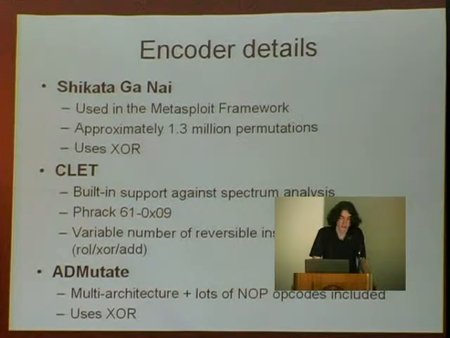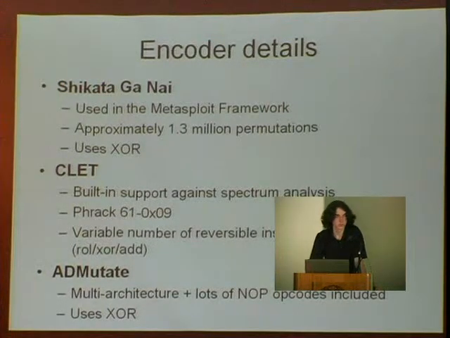Then there's CLET, which has built-in support against spectrum analysis. I probably won't be discussing that, but for those of you who know what it is, that's just a little note. It was released in Phrack 61, Article 9, and it has a variable number of reversible instructions.